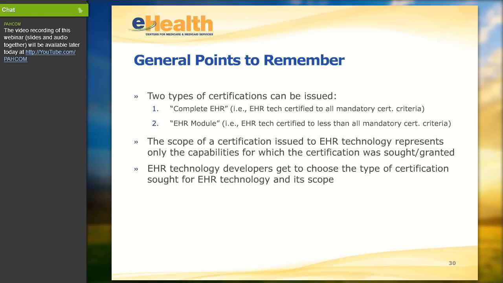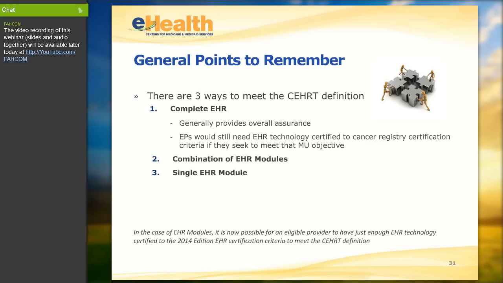While we will continue to certify complete EHRs, and while we will continue to certify individual components of EHRs in a modular way, so for example, an e-prescribing module could be certified separately from an entire EHR, for you as a provider, it basically means that you don't have to get every capability.